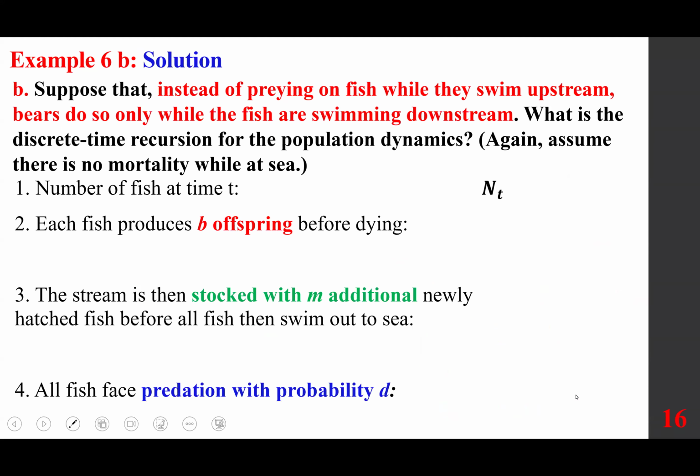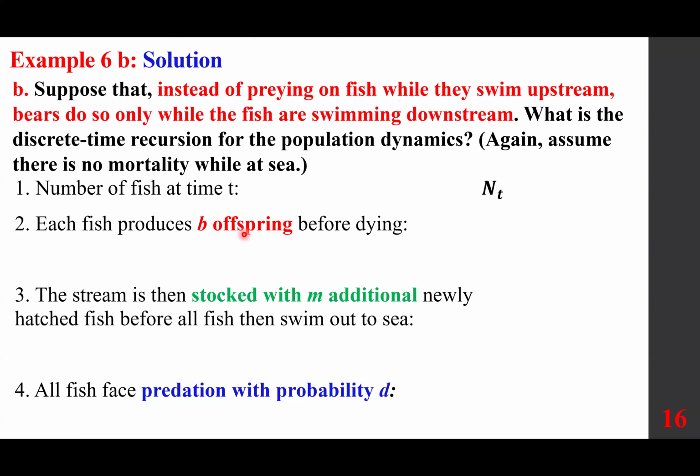Part B. Suppose that instead of preying on fish while they swim upstream, bears do so only while the fish are swimming downstream. So again, how many do we have to begin with? N sub T, same size.